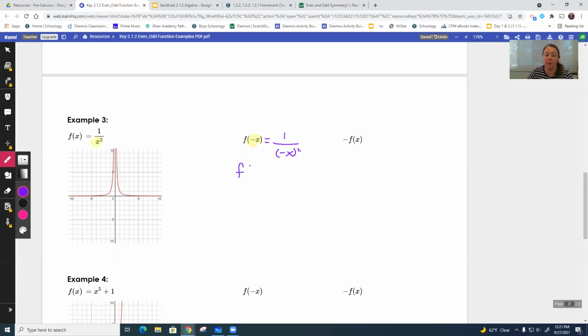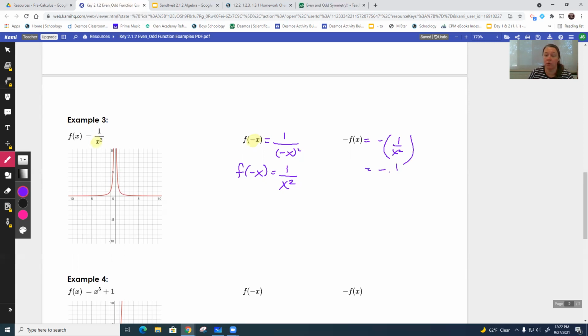Notice every time that I'm substituting in a negative x, I'm putting it in parentheses. And then I get negative x times negative x is x squared. I see how this is equal to our original, so that means it's even. If we wanted to figure out the opposite, it would just mean take the opposite of f of x.